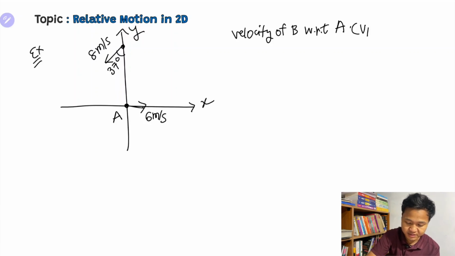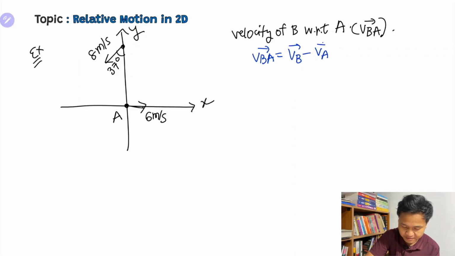So that means vba. The formula is vba equals vb minus va. So what is vb? It is 2D, so you cannot do direct addition or subtraction.